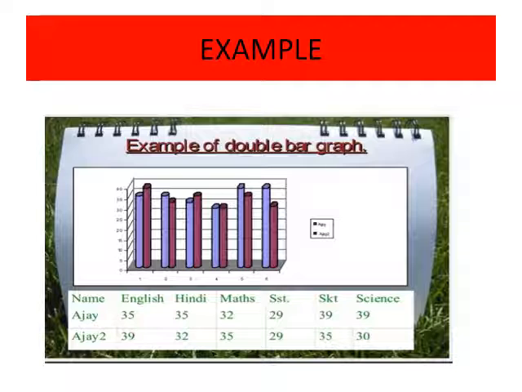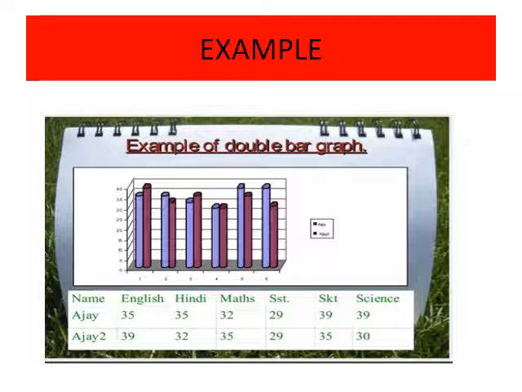Suppose in a class of 7, there are two boys of same name. I will call one boy as Ajay and second boy as Ajay 2. Their marks in Hindi, English, Maths, SST, Sanskrit and Science are given in the table. The marks are out of 40.